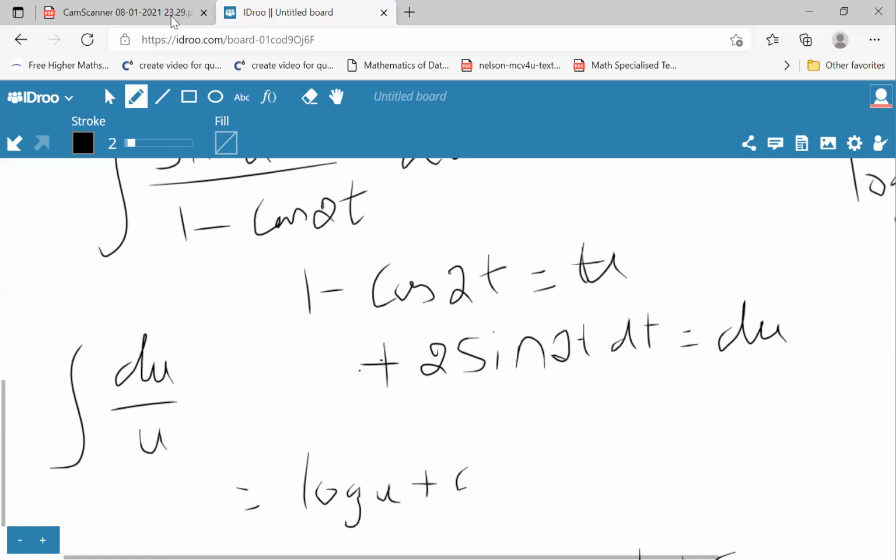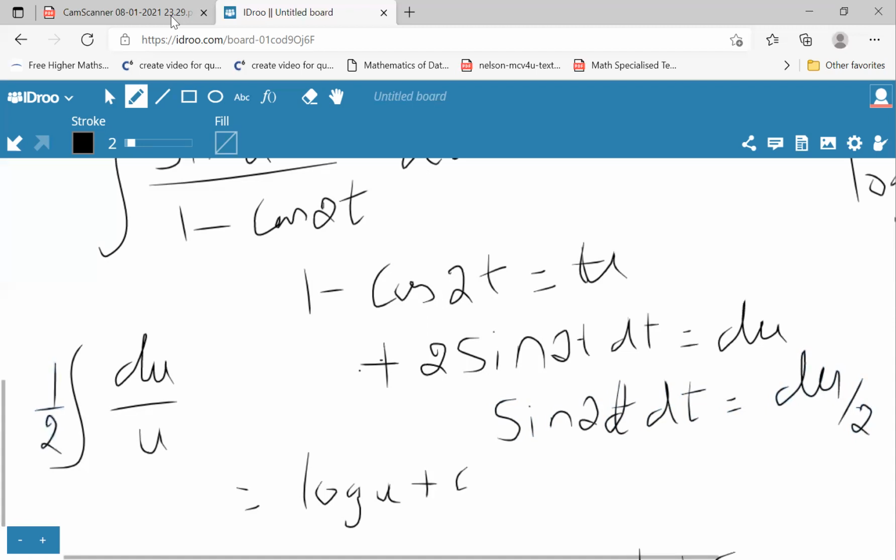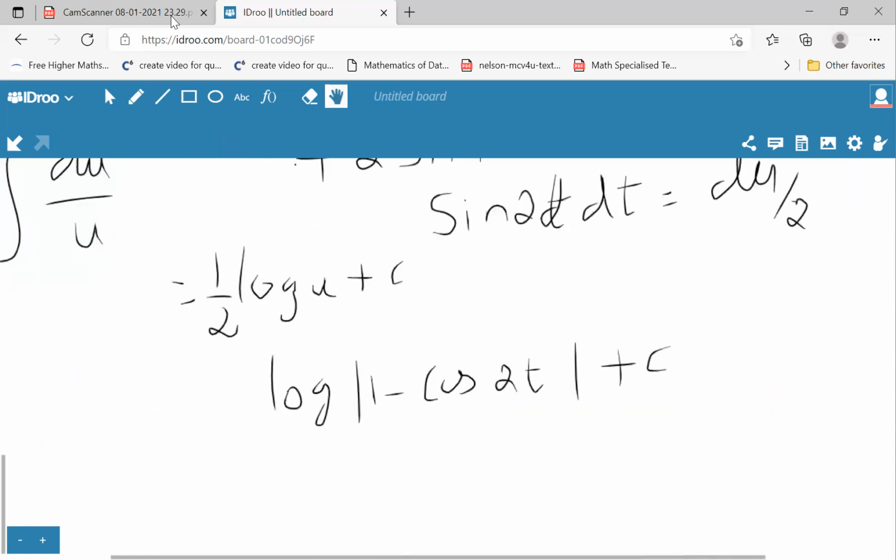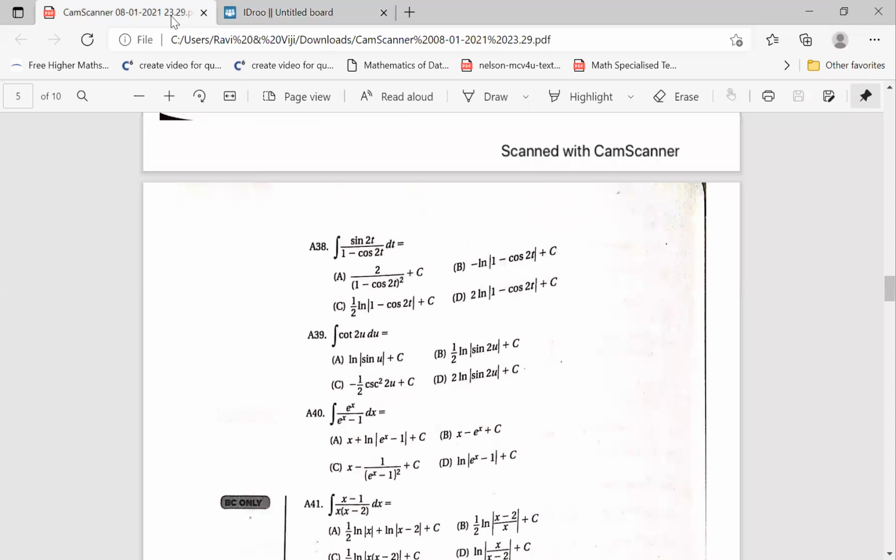So when I take, sine 2t dt will be just du by 2. All right, I left out the 1 by 2 here. So it will become 1 by 2 log u, that is 1 by 2 log of 1 minus cos 2t plus c. So C option is correct.